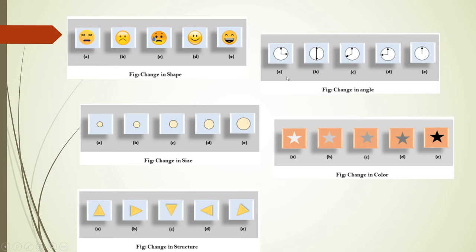Then by changing the angle as well. Now if you are changing the angle, still it can be termed as animation. If you are changing the size of an object, or you change the color present in an object, or you change the structure, that can be termed as your animation.